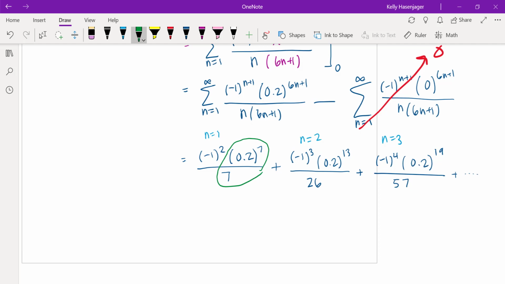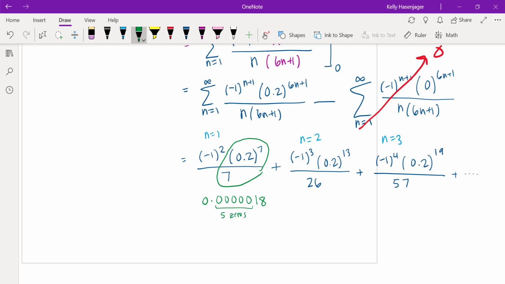If I put that into my calculator, so I'll put 0.2 raised to the 7th power, and then divide by 7, and I get 0 point, and then I have 5 zeros after the decimal place, and then 1 8.